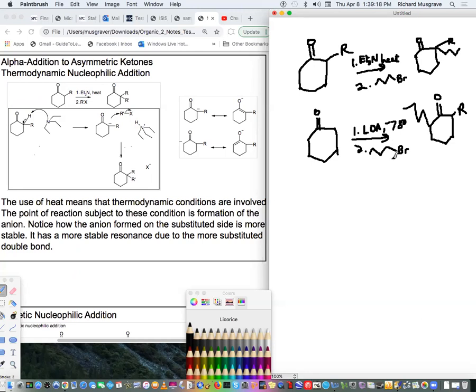So the reasoning has to do again with what we had talked about earlier with the thermodynamic and kinetic products.